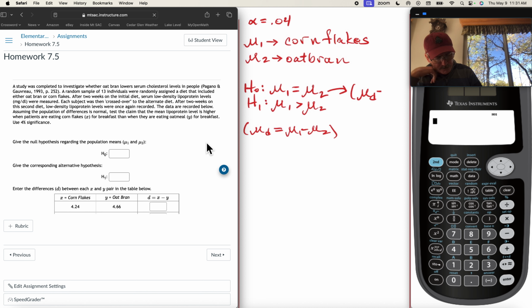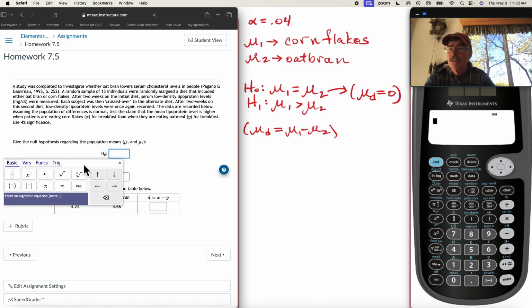The mean difference is the difference of the two means. The mean change in cholesterol is 0, and so that is to say it doesn't really matter what kind of cereal you're eating, you're going to have the same LDL levels for cholesterol on average. Okay, and so we got all that. I guess I can go ahead and put in my null hypothesis.